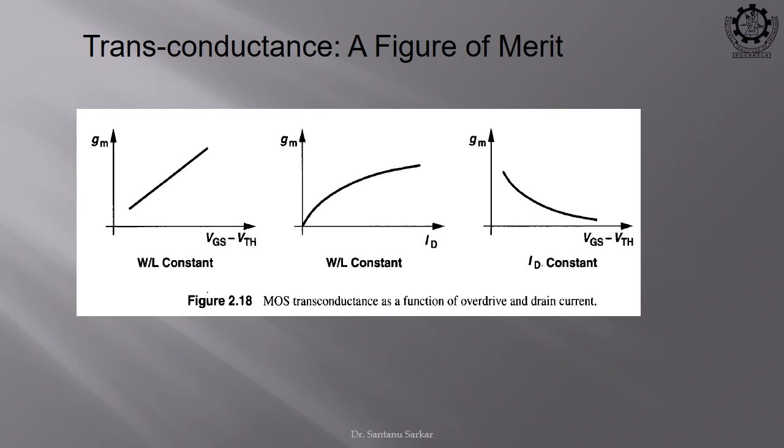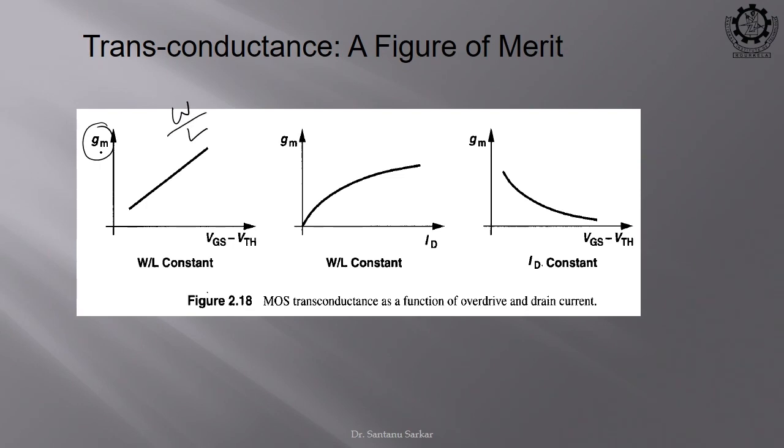Because of this. So, you see that we are plotting GM with respect to what? What is our variable and what is a constant, that you should understand. Okay. One condition could be that my circuit design is fixed, WL is not going to change.